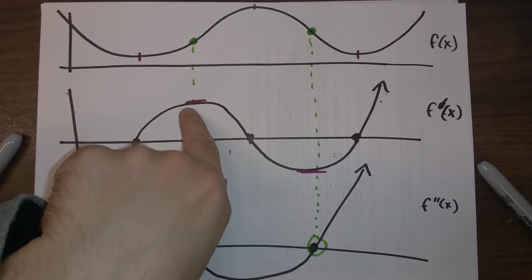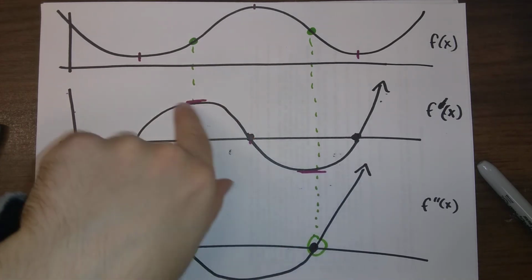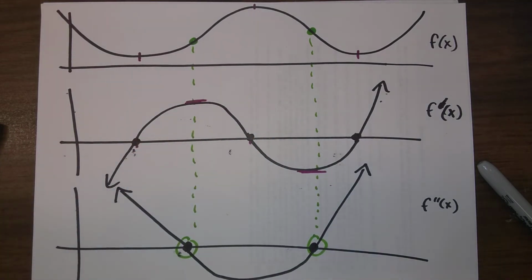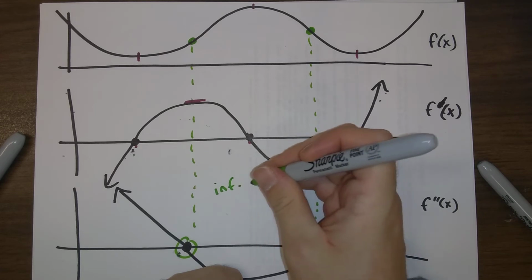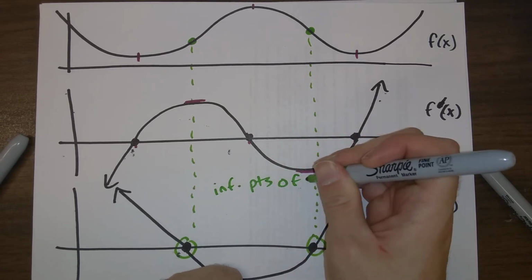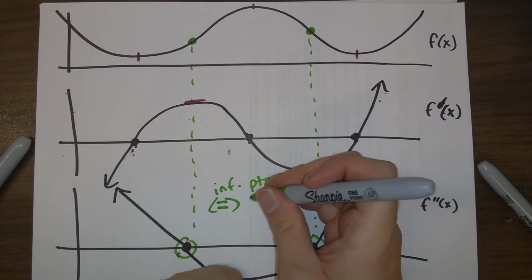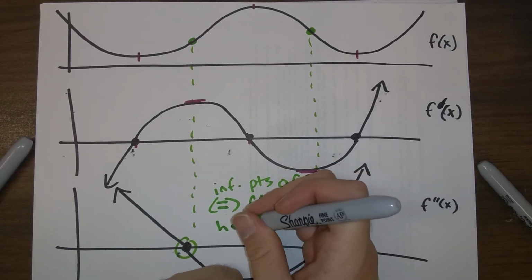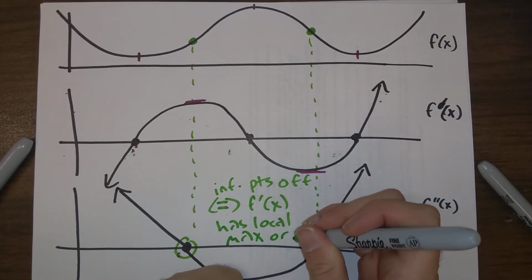But moreover, note that this is exactly where f prime of x has its local max and local min. So inflection points of f are equivalent to f prime of x having a local max or min.